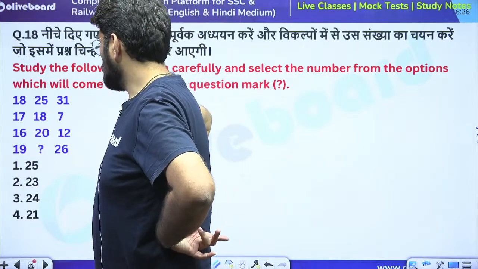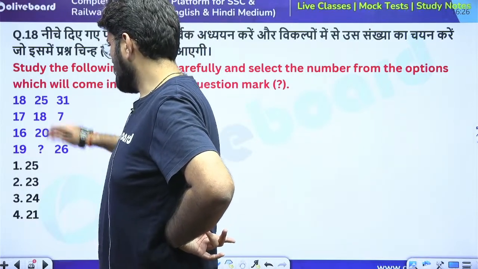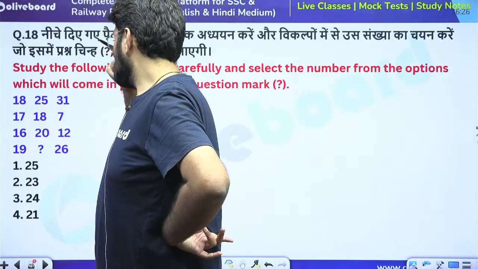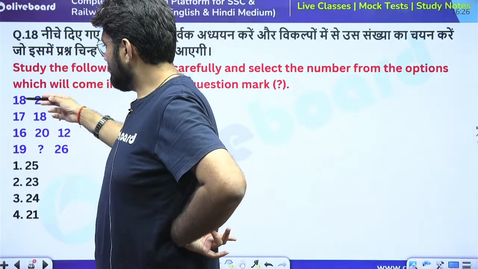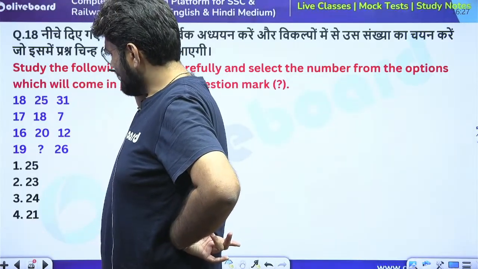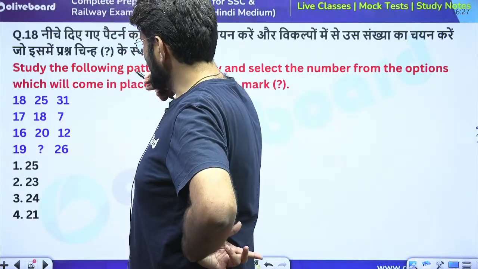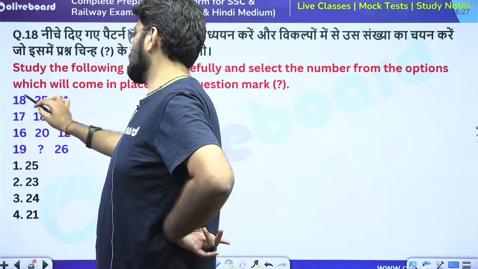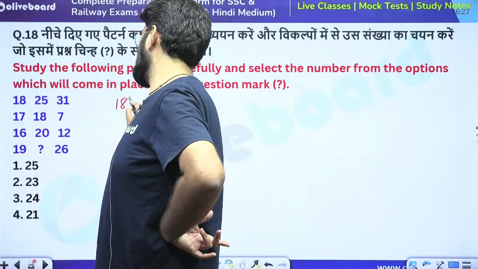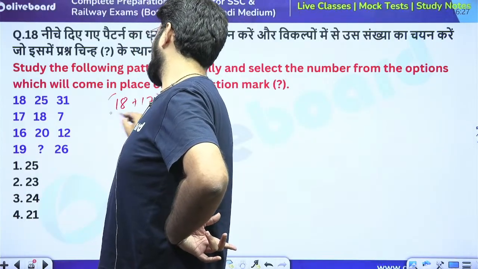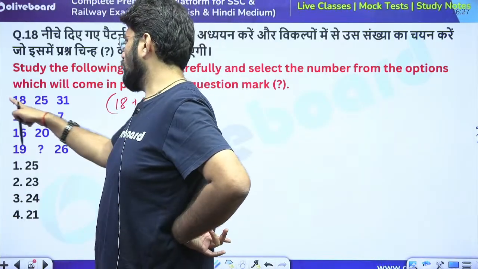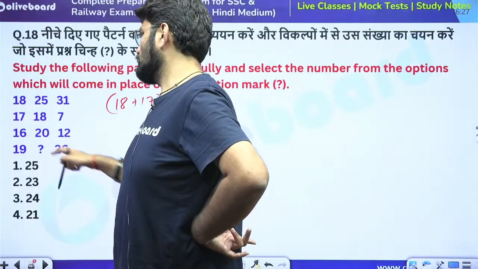Okay, let's look. So row wise I can't find anything. Let's look at column wise. So 18, 17, 35. 16, 19 is also 35. 25, 18. 31, 7 is 38, 12, 12 is 12. Okay, great. So what we need to do is 18 plus 17 and subtracted by 16. So row 1 plus row 2 minus row 3. This is what is happening.